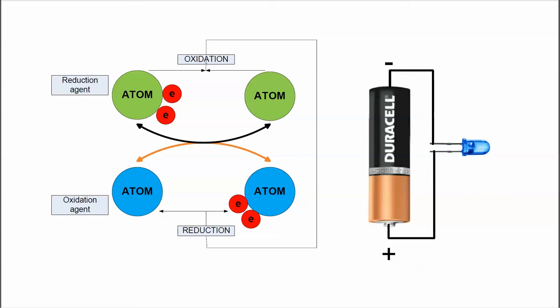This flow of free electrons from the negative to the positive side of the battery is what enables the current to flow through the battery. If we have a rechargeable battery, then we have a better solution, because we can return those electrons from the positive pole of the battery to the negative pole when we connect, instead of the light, a DC source or another battery.